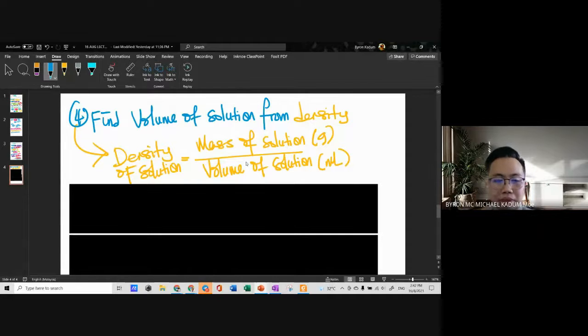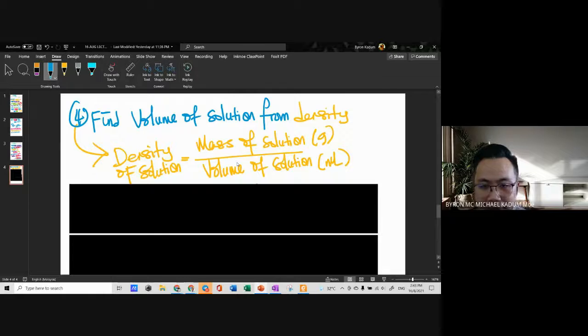Because science has shown that you have to help your brain to remember. In neuroscience, it says that at one time, we can only hold 7 chunks of information. So the more we can enlarge the chunking and reduce the number of items to remember, the better. So if a student forces themselves, I need to memorize this because I need to get 1 mark for the density of solution definition.